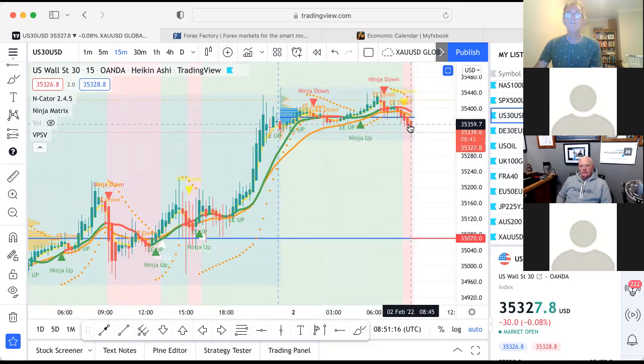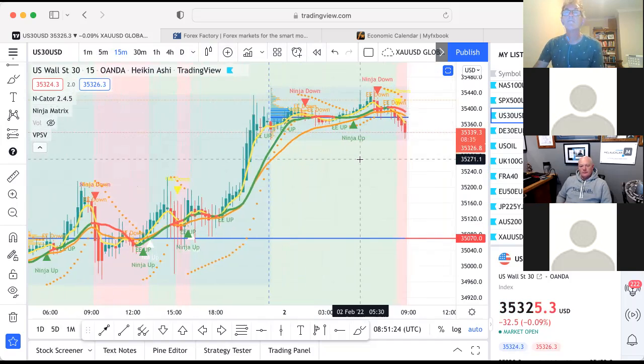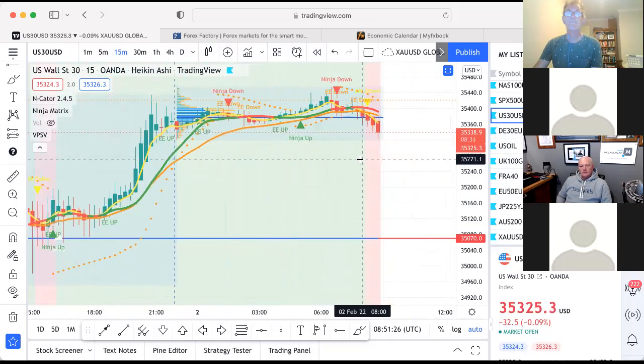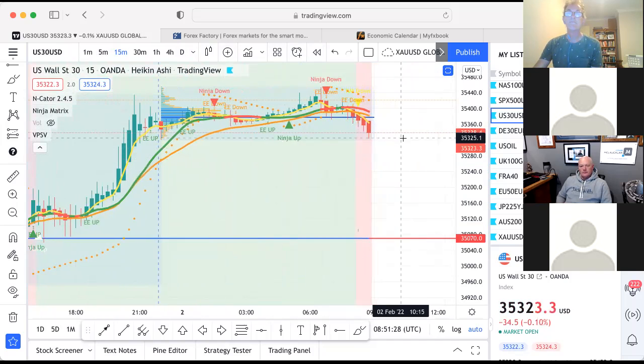The 5 MA is below the 13 MA, which has turned from green to red. So we're looking fairly positive for a sell. And if we were to get into a trade, my take profit target would be down there, and my stop loss would be just above that pizza.